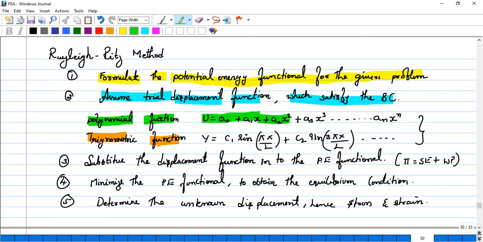Only we consider U is equal to A naught plus A1x plus A2 x square, because it is given in data. In case it is not given in the data, I will let you know how to determine the polynomial function, where we need to stop, in which order. For that, the boundary condition will be very much helpful, so that I will be explaining in the next problem.